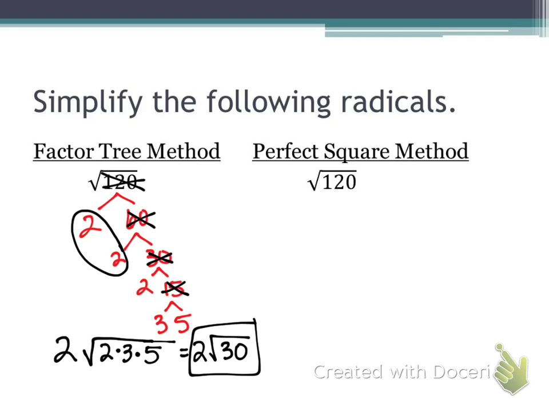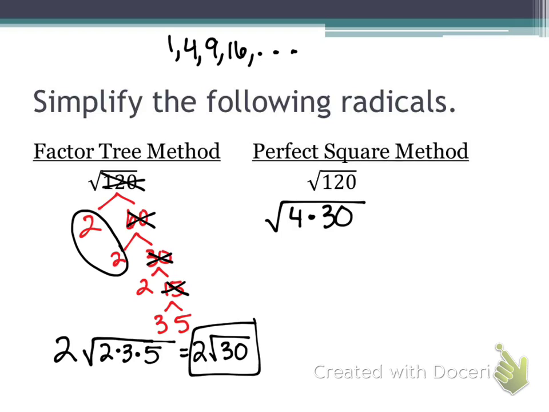So if you look at that list we made on warm-up 3, 1, 4, 9, 16, that list from before, 4 can divide into 120. Do we all see that? Are we all okay with that? So we could rewrite this as the square root of 4 times, what would we have to multiply 4 by to make 120? 30.